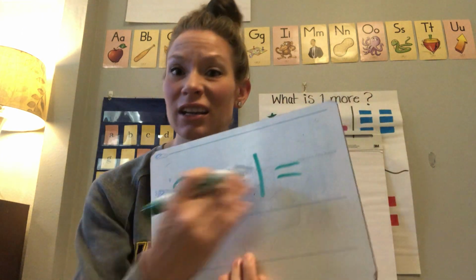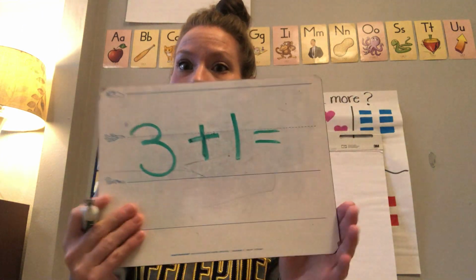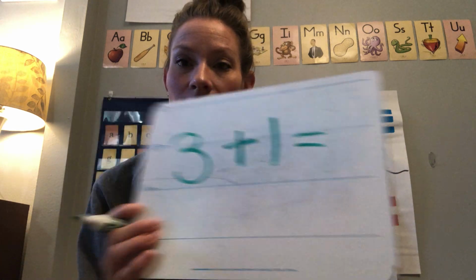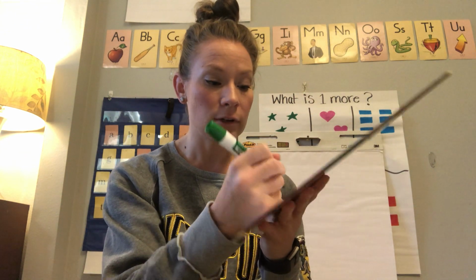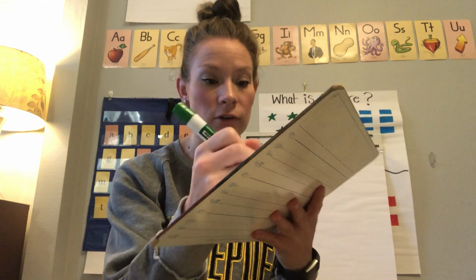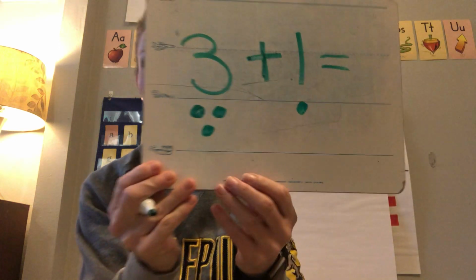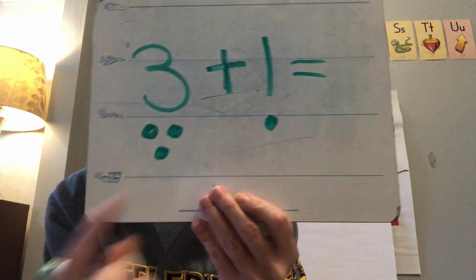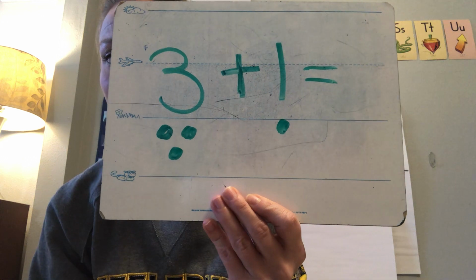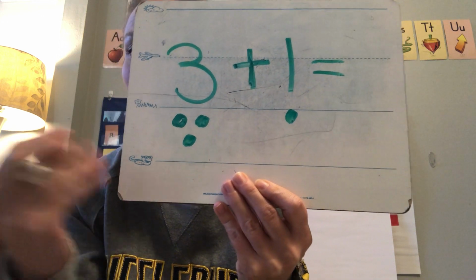We're not going to start with the symbols today, but I still wanted to show you what it looks like. If I go to solve it, I am going to draw a picture for each of my numbers, and I want to put them together. The plus sign means and, so it wants us to combine.